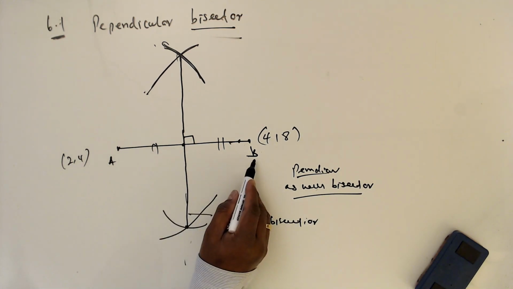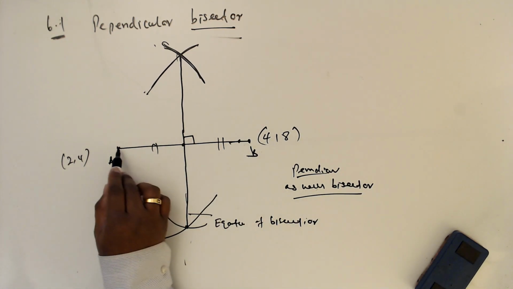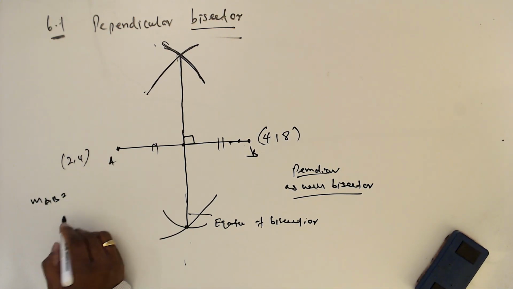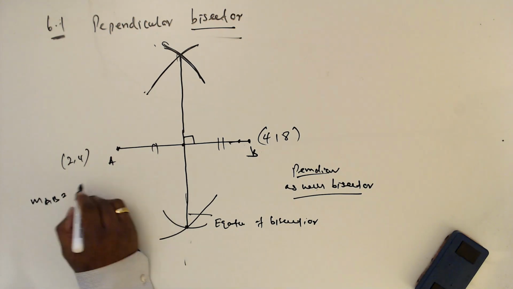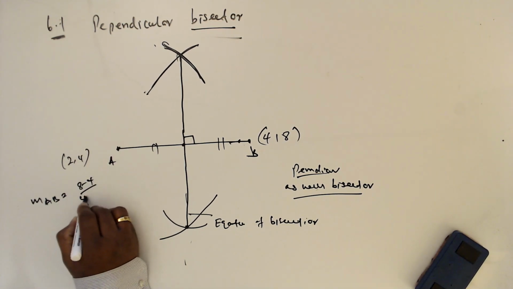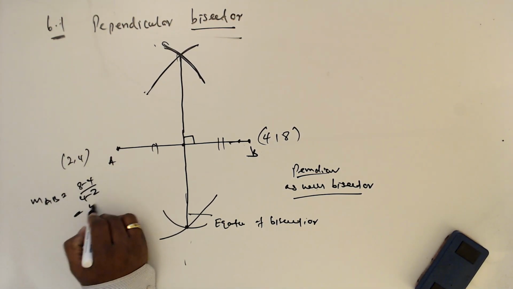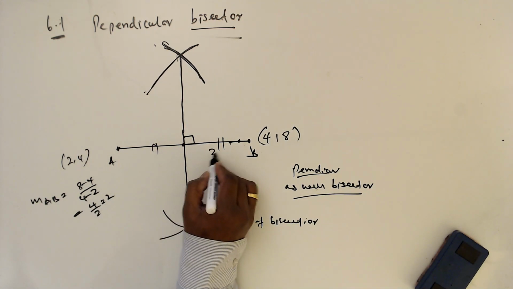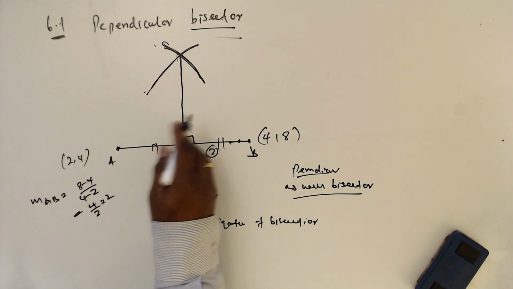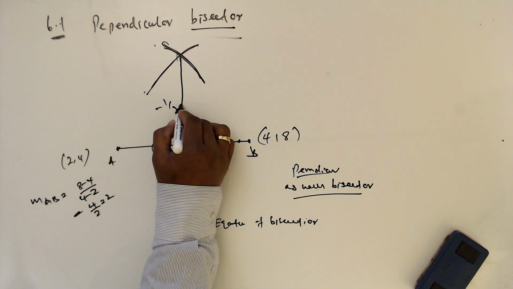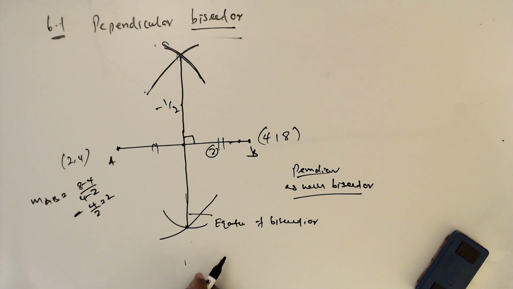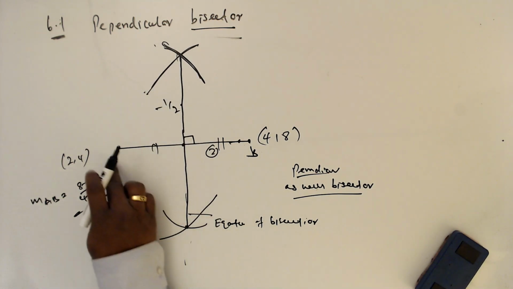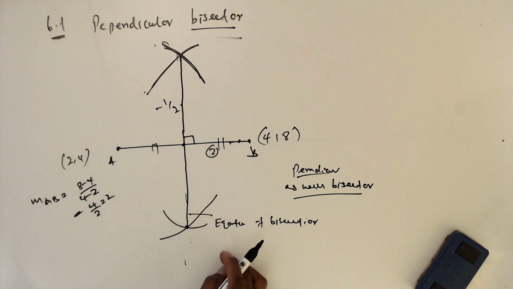Since I know those two points, I'll find the gradient of AB: 8 minus 4 divided by 4 minus 2, which is 4 over 2. So the gradient of this one is 2. Then we know the perpendicular gradient is minus half, with the help of AB, as these are perpendicular.